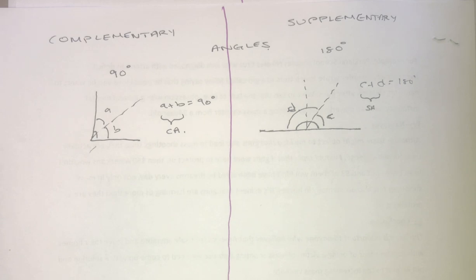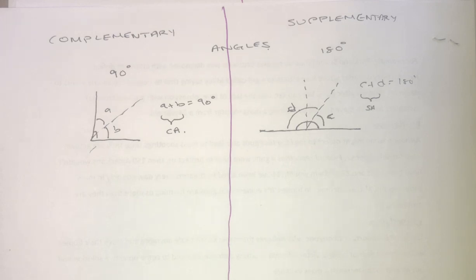So usually you'll face questions on complementary angles and supplementary angles in the form of, let's say, find the complementary angle of x, or find the angle that supplements y. So that's how you're going to find questions like that.